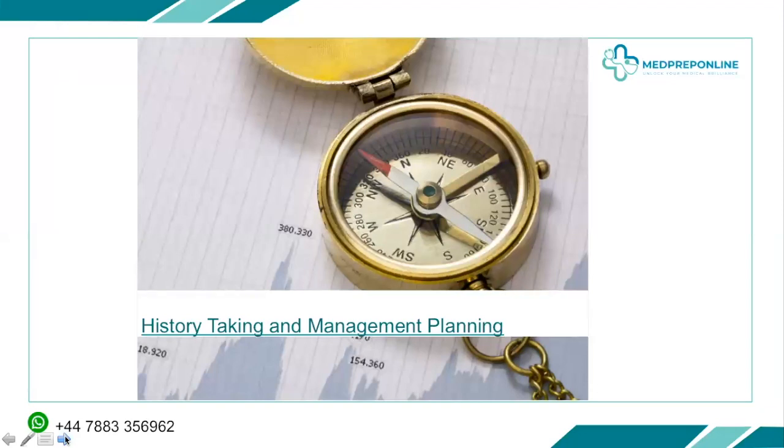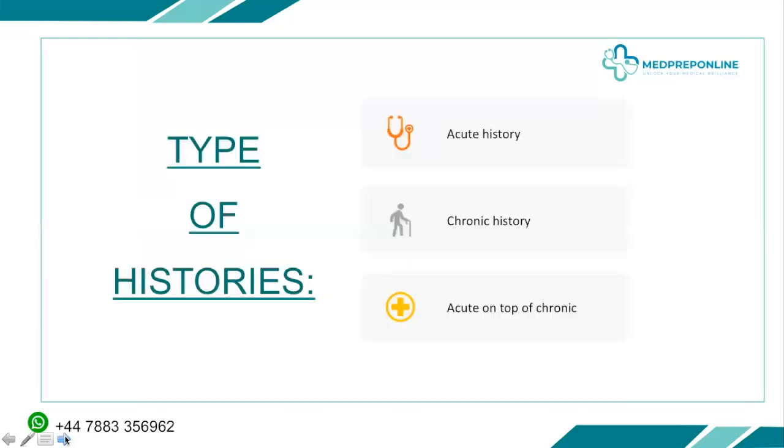Now we will look into the history taking and management planning station. In the exam, there are 3 types of histories that come. There is acute history, there can be chronic history, and there can be acute on top of chronic. Acute can present like this: a child with 3 days history of cough.